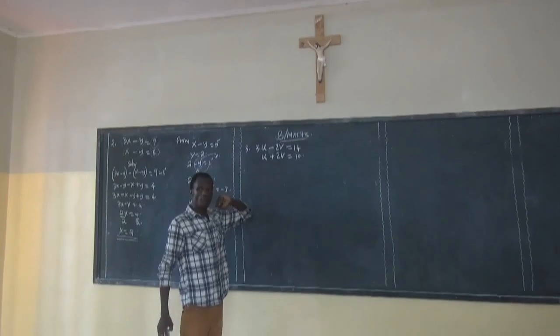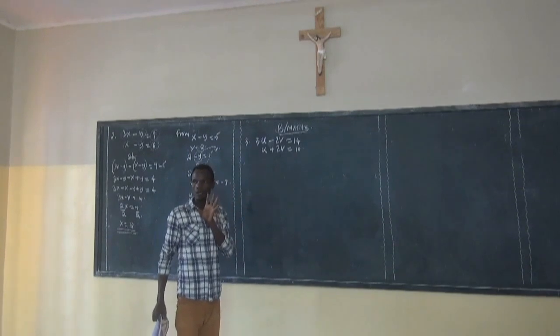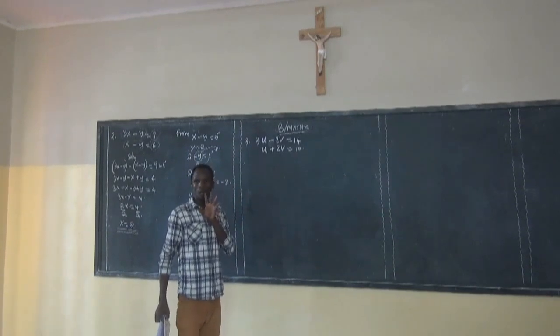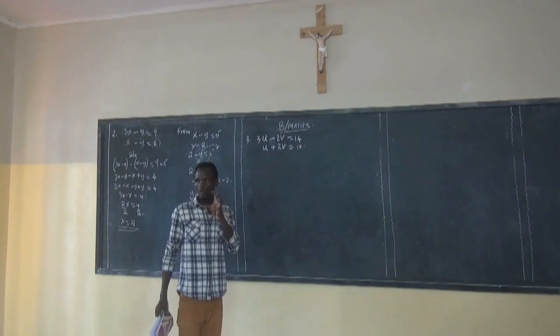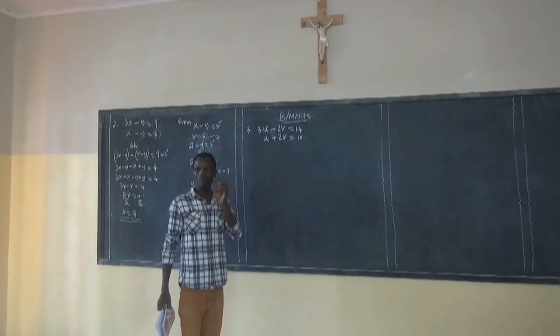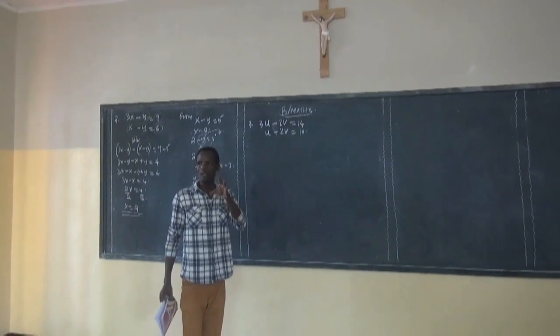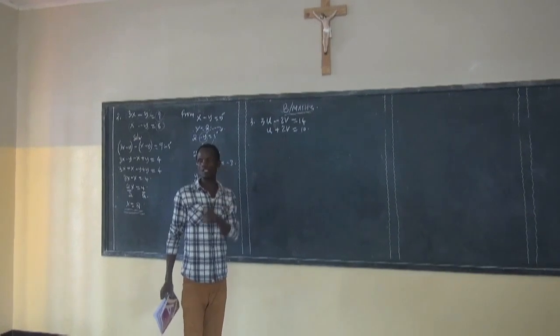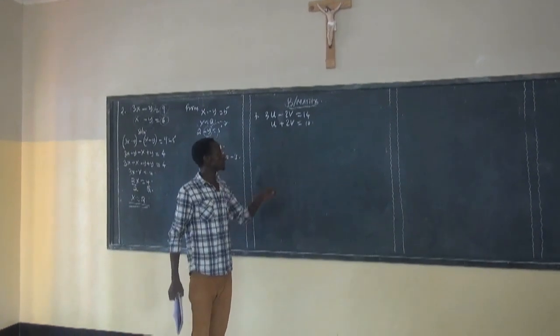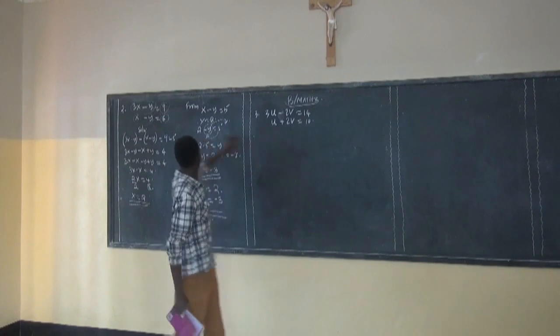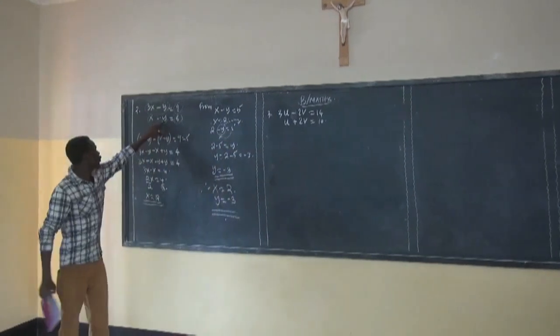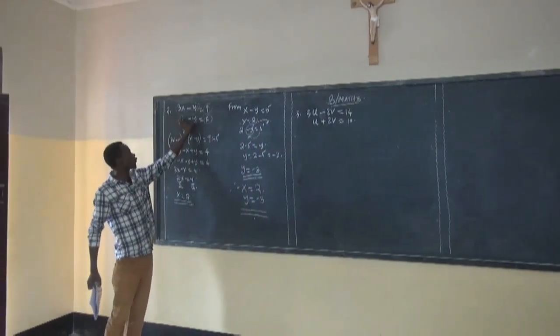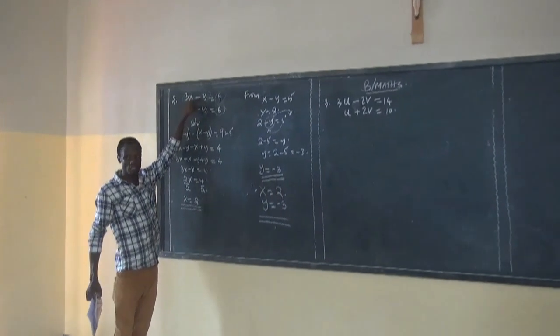Now let us see the third example here. Tunapofanya subtraction, kuna mahali ambapo kuna ufanano. Sawa? Especially tunapofanya subtraction au addition ya zile equations, kuna mahali ambapo zinafanana. You can see, in the example we did, we subtracted the second equation from the first equation.